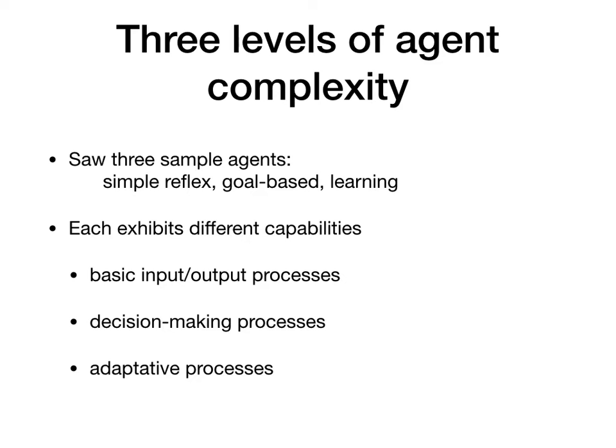So that's our 3 levels of agent complexity. Simple reflex, goal-based, and learning. And each one exhibits different capabilities. So things that we might expect something to be able to do in the real world. One takes basic input and output, one adds decision-making, and one adds these adaptive learning, evolving, developing processes to it.